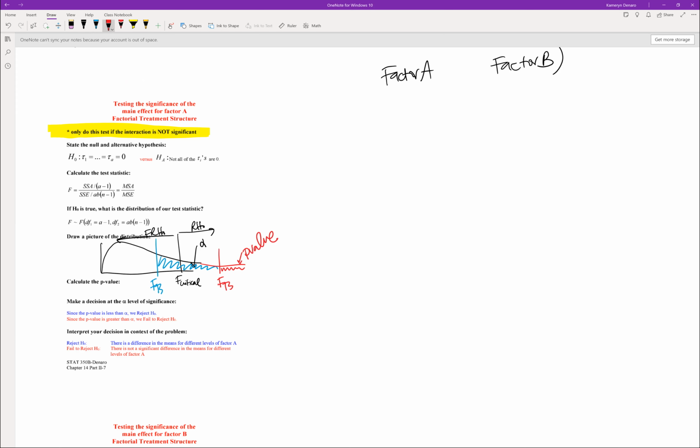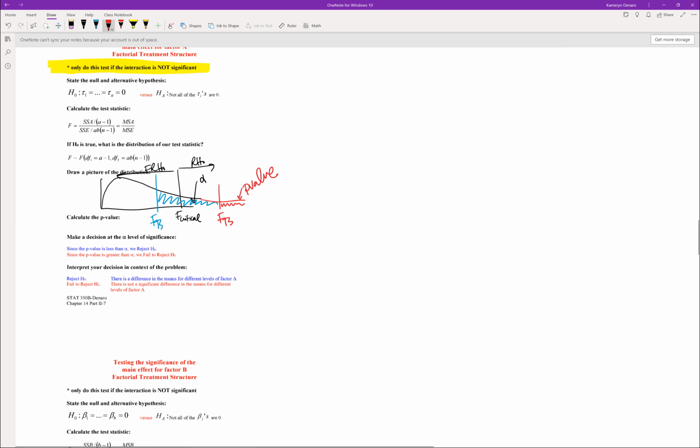But essentially, this p-value is just giving you increasing evidence against the null hypothesis. It's not a magic bullet. You really do need to think about your study design. But overall, this can help you make a decision to know if that main effect, if there's a difference in the effects of the different levels of factor A, right?